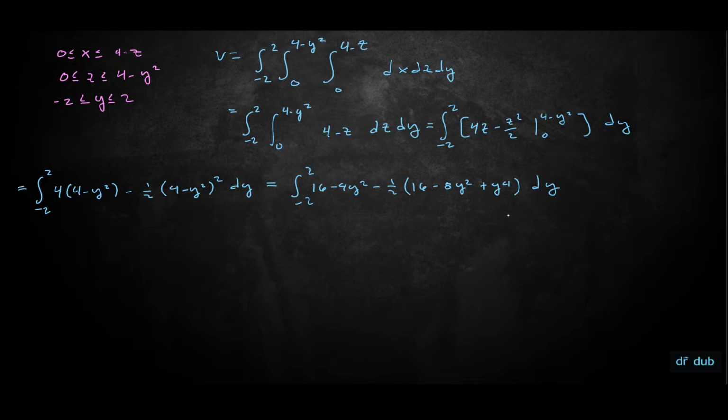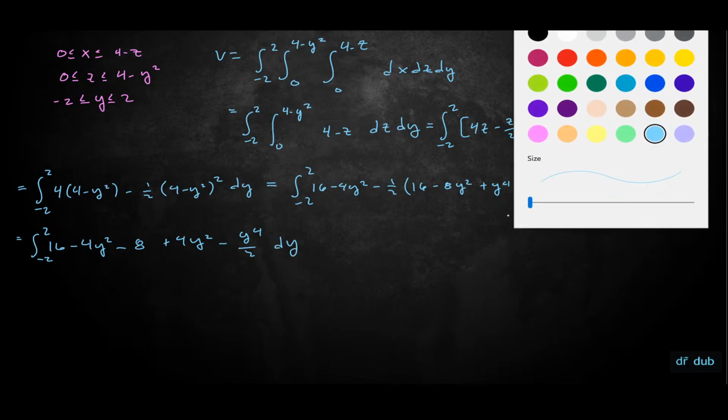And now let's just simplify. So this is the integral from -2 to 2 of 16 minus 4y squared minus 8 plus 4y squared minus y to the 4 over 2 dy.